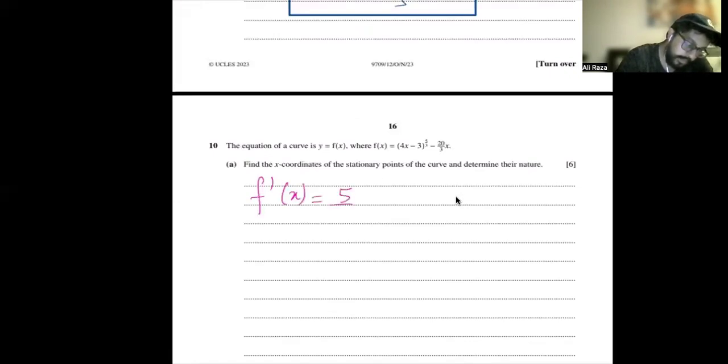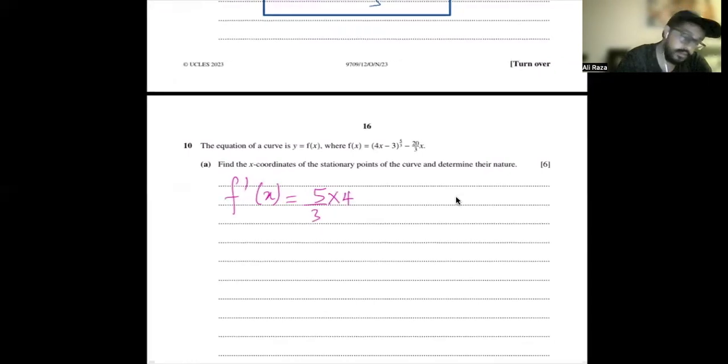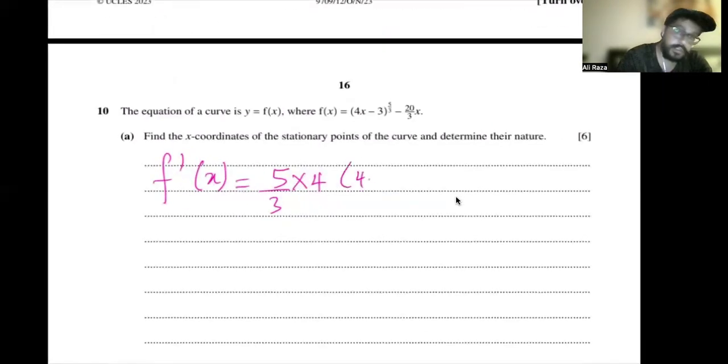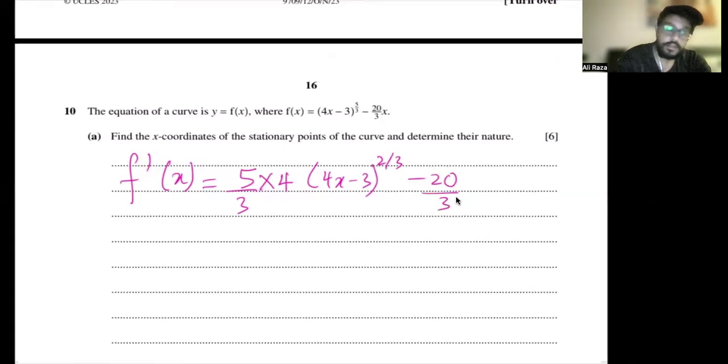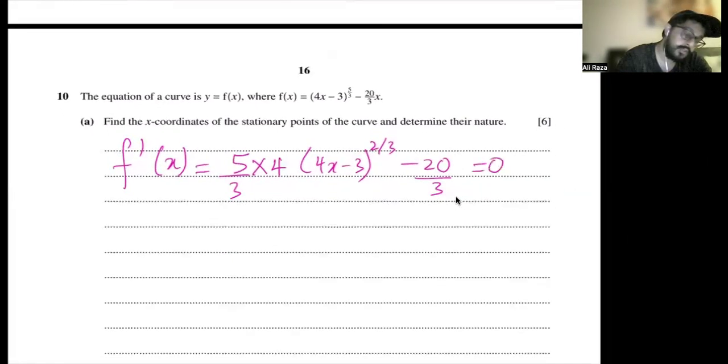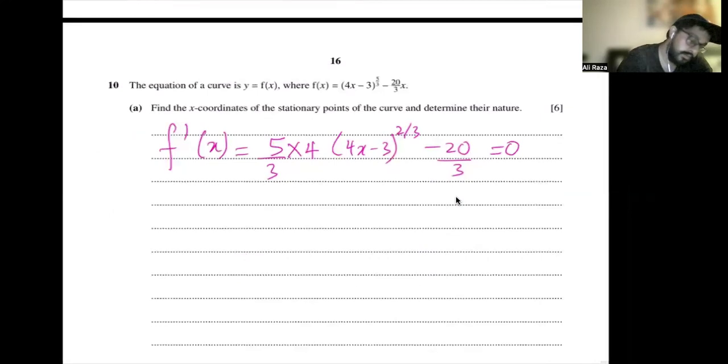We'll multiply the power and the differential of the bracket, and we'll subtract 1 from the power. And we'll equate this with 0. 20 upon 3, 4x minus 3 power 2 over 3 minus 20 upon 3 is equal to 0.